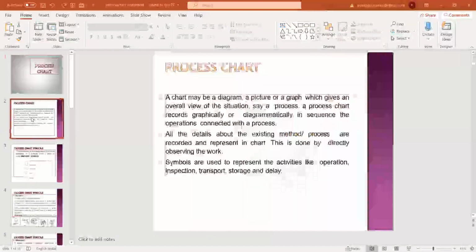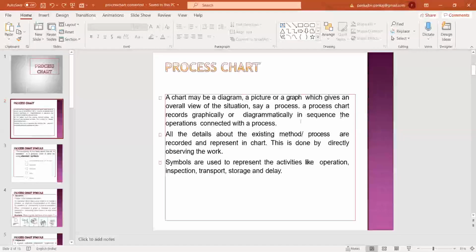So the definition goes like that. A chart may be a diagram, a picture, or a graph which gives an overall view of a situation. A process chart records graphically and diagrammatically in sequence the operations connected with a process.